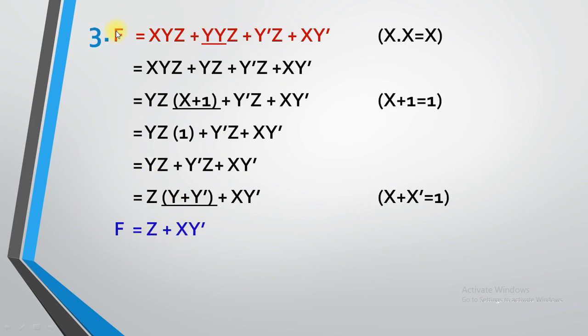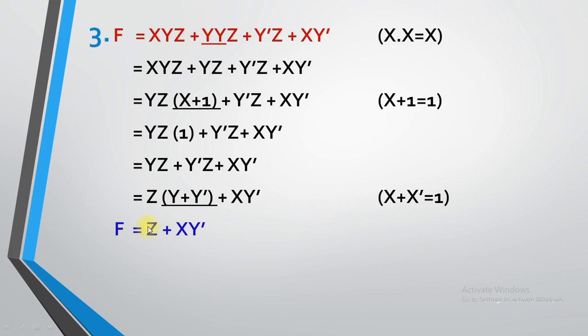I want to repeat this sum once again. In the given term, y into y can be replaced by y only. Out of the first 2 terms, yz is a common factor, so into bracket x plus 1 you need to write. Now instead of x plus 1, it can be replaced by 1. Out of the first terms again, you can take z as a common factor, so y plus y dash is inside the bracket, which can be replaced by 1.